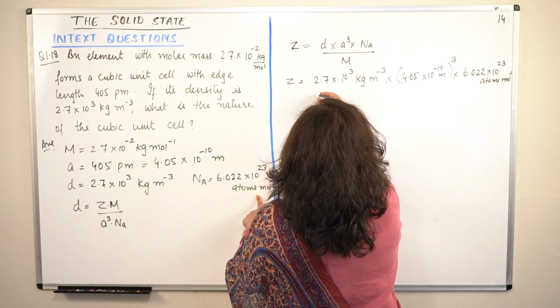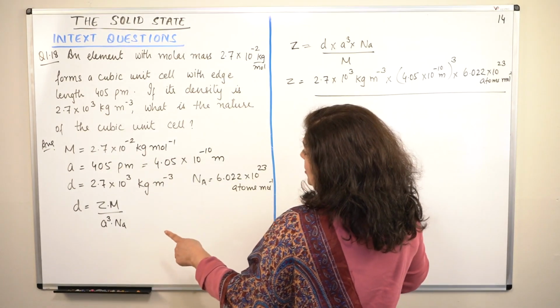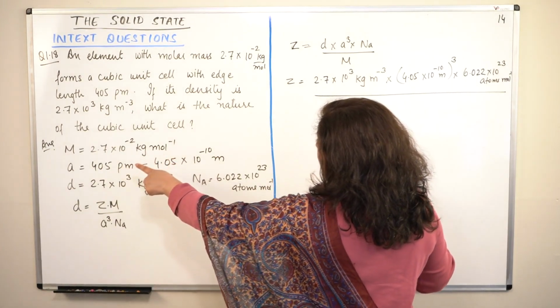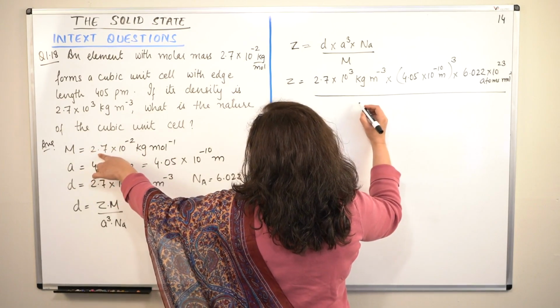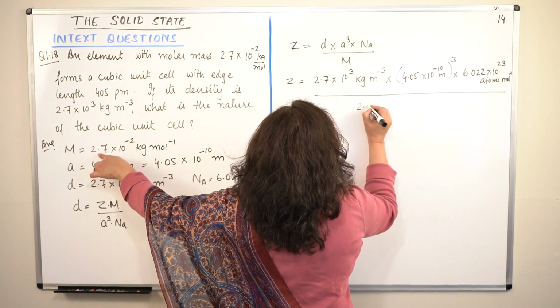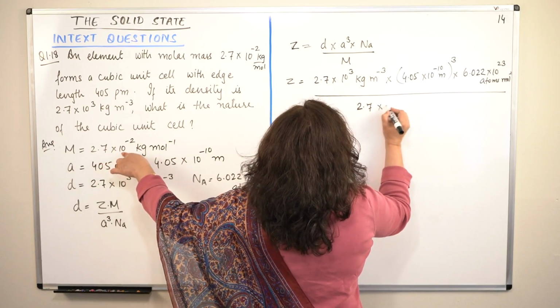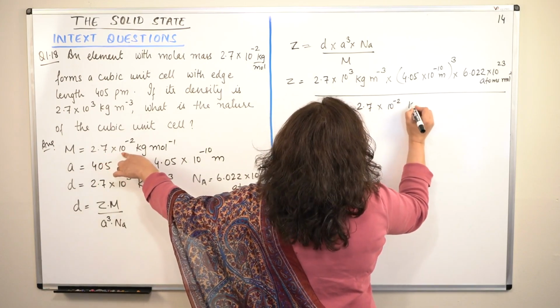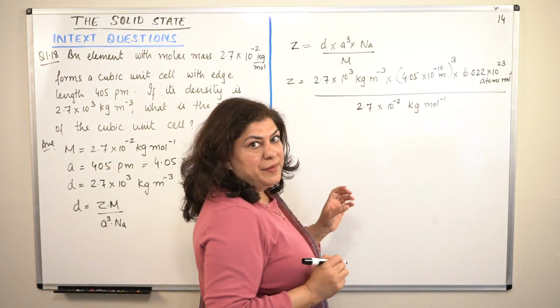And what is the molar mass? Molar mass is 2.7 into 10 to the power minus 2 kg per mole. Right?